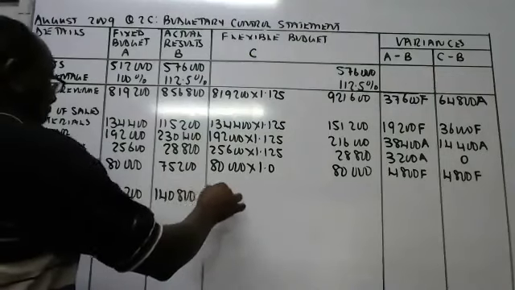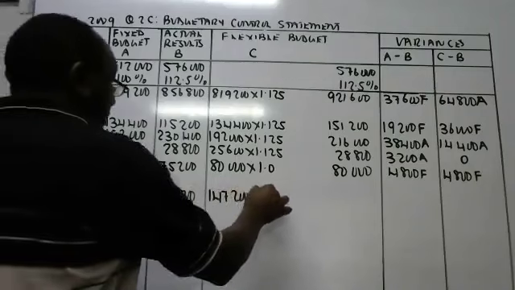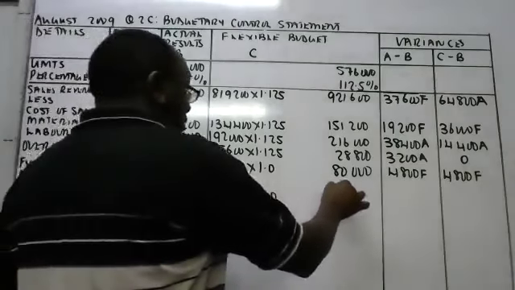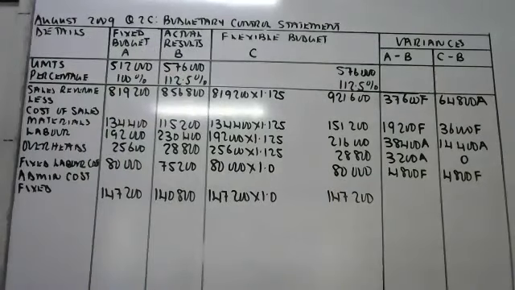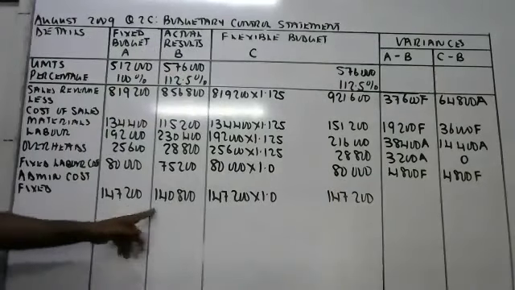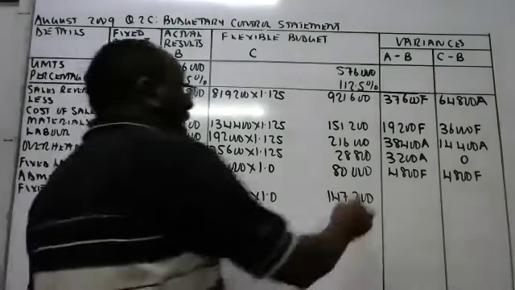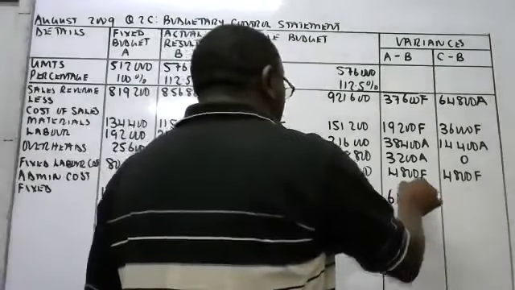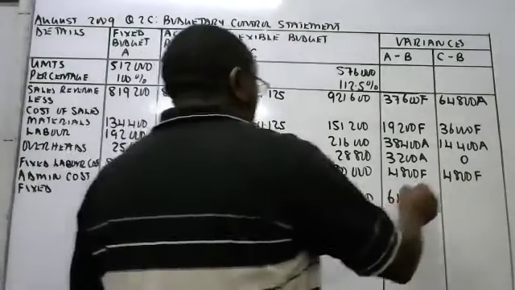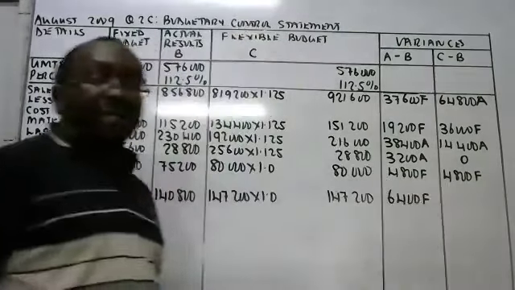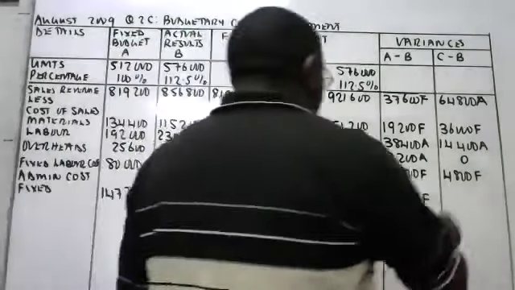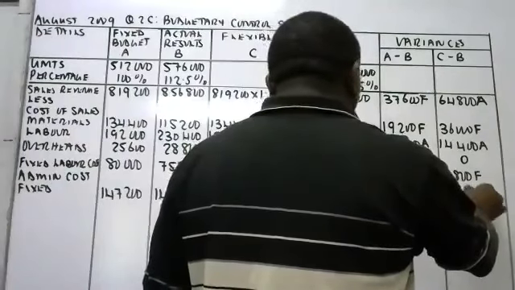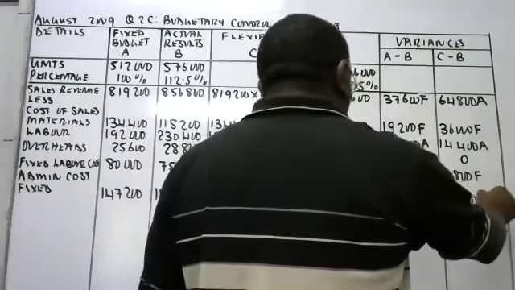No. So it is 147,200 times 1.0. So you still work with 147,200. So the difference in the first two, 6,400. Favorable or adverse? It is adverse because we spent more. The other one is the same, 6,400, and is also favorable.